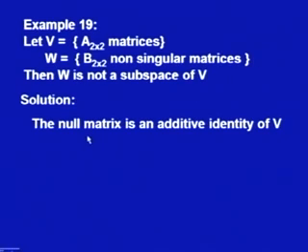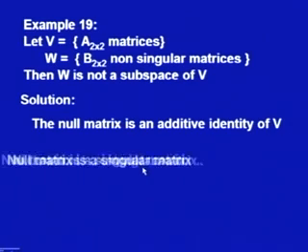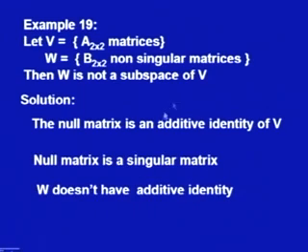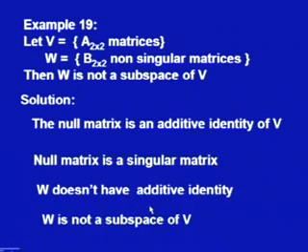So, the null matrix does not belong to W, because the null matrix has determinant 0, the null matrix is a singular matrix. But W has to be a vector space in its own right, then the additive identity has to be there in W, and because of this reason W will not be a subspace of V. So, W is not a subspace of V.